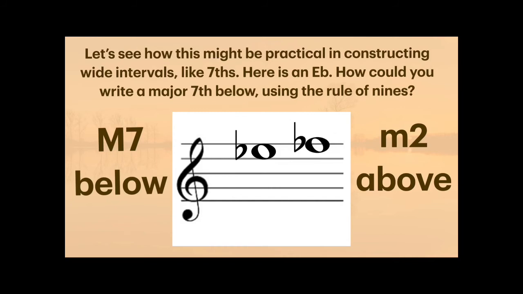We know this because we can look at a keyboard and find our E flat, go up a half step to some kind of F. F flat is our minor second, which we have previously called a diatonic half step. Now, to make this F flat a major seventh below, we have to move it down an octave. Here's our answer.